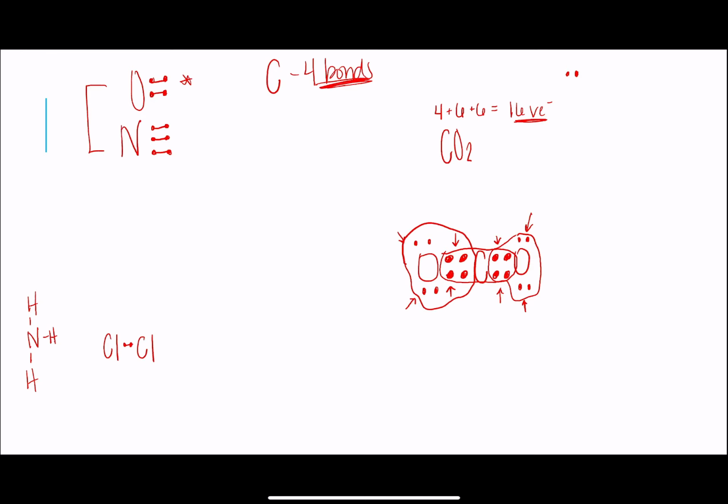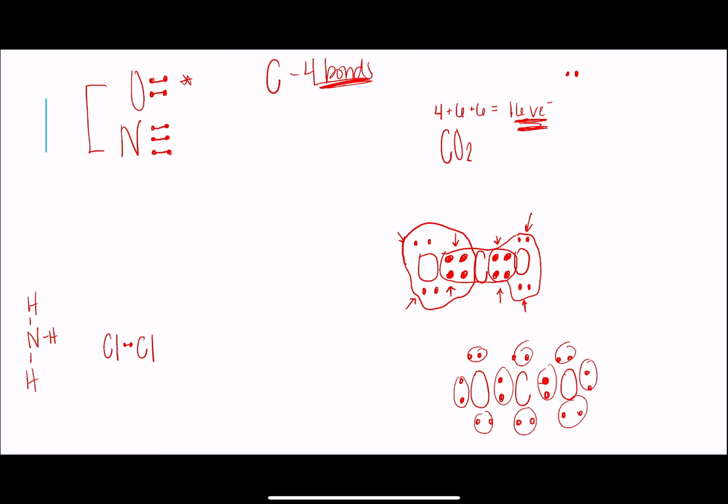You can try to draw this a lot of other ways, but you won't make it happen where everything fills the octet rule. So let's try it like this, okay? I'm just going to show you that it doesn't work, okay? 2, 4, 6, 8, 10, 12, 14, 16, 18, 20. Well, I've got to have 16 valence electrons.